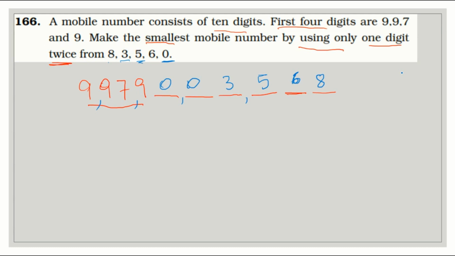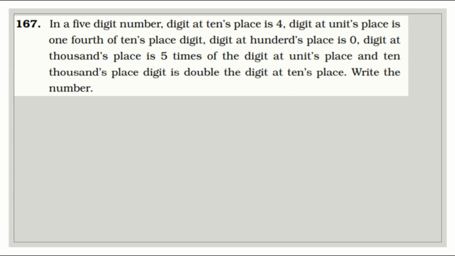Next, coming to the next question. In the 167th question, in a 5-digit number, the digit at the tens place is 4. So first we need a 5-digit number. This is the 5-digit number.